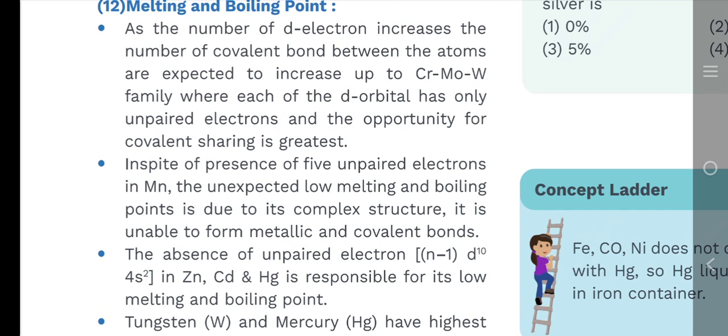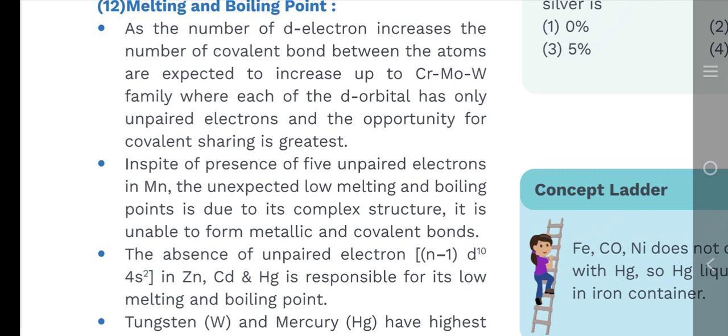Melting and boiling point. As the number of d electrons increases, the number of covalent bonds between the atoms is expected to increase up to the Cr, Mo, W family, where each of the d orbitals has only unpaired electrons and the opportunity for covalent sharing is greatest.